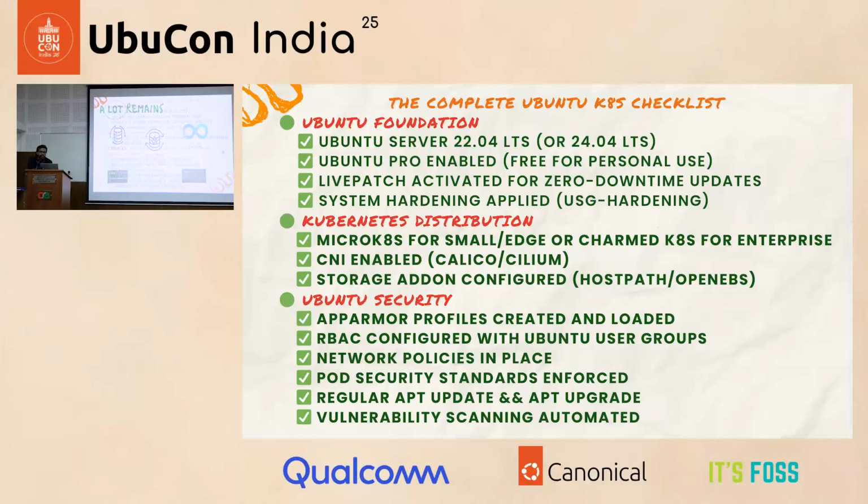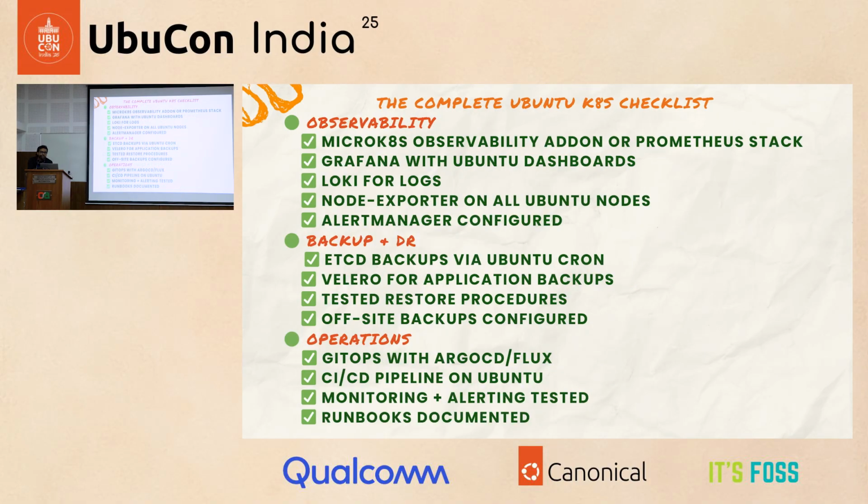And then next, a lot of tech jargon. These are the complete checklists, just to revisit them. First check the foundation, then check the Kubernetes distribution, and then security. Once you have fixed those, check that all the projects you need are available. When you finalize that, then comes observability.